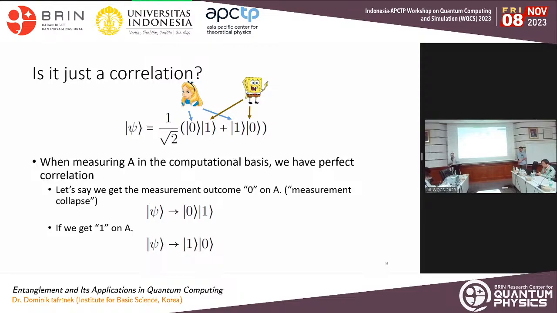But as you all know, the third law of thermodynamics prevents us from reaching absolute zero. So you cannot ever get down to zero. Basically it means you are very close to zero, but you are in a mixed state. So you need to cool down properly, so then you get close to zero. But you'll never reach zero, and then if you apply a gate, this energy will propagate. So there will always be some part of mixedness.